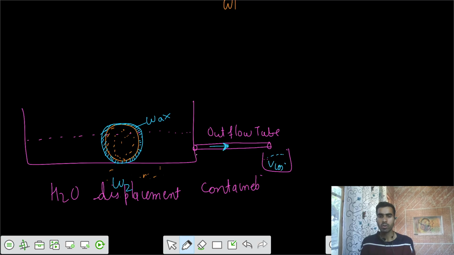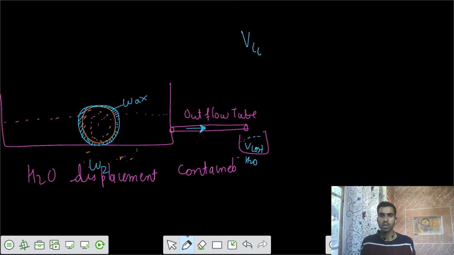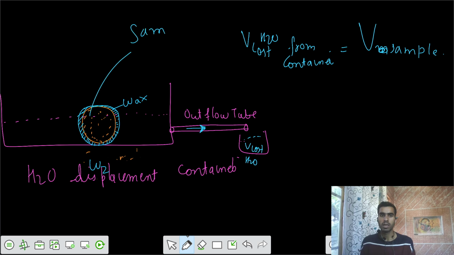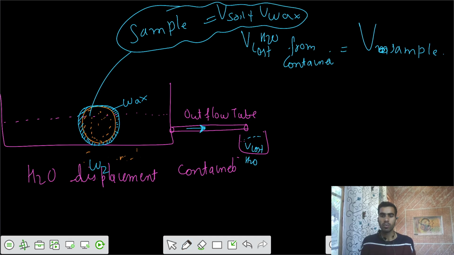The volume of water lost from the container is equal to the volume of the sample. We can write volume of soil sample, and this sample has some volume of soil plus volume of wax. That's your sample.